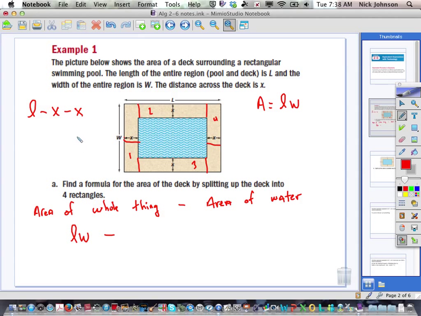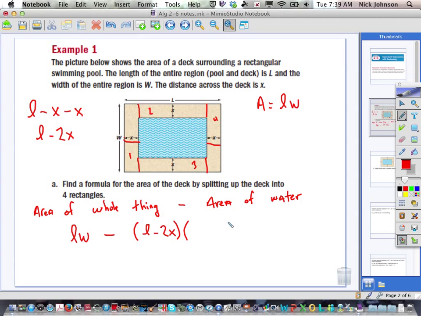If I combine like terms, that is L minus 2x. Everybody with me? Okay, good. So that is my length. So length is L minus 2x.